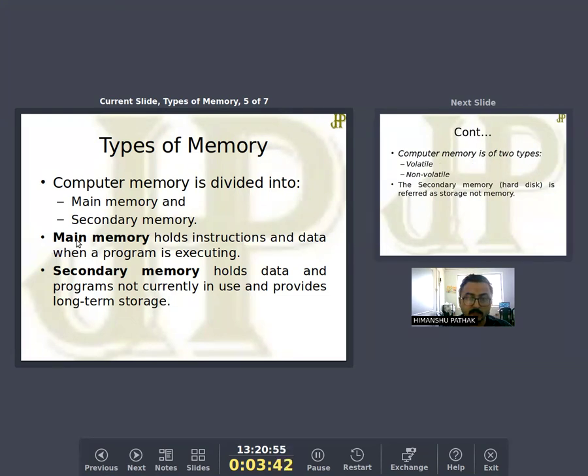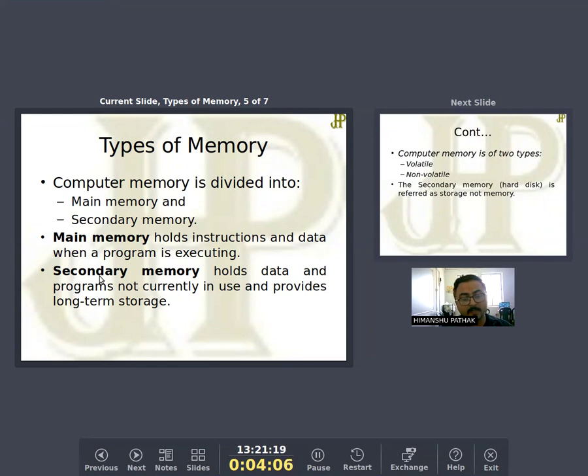So the CPU can take that data from main memory. If you enter data from mouse or keyboard, it is first of all stored in main memory. An example is RAM.